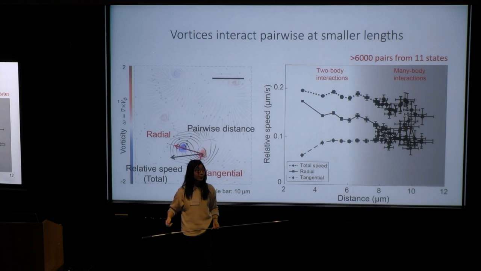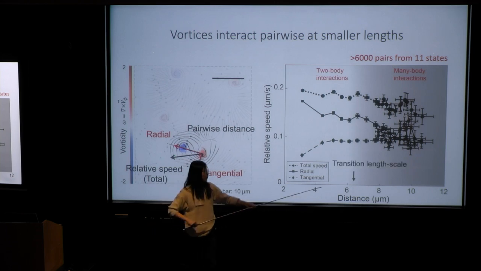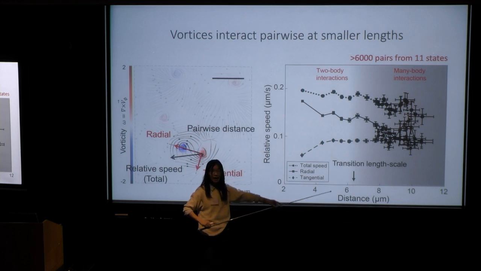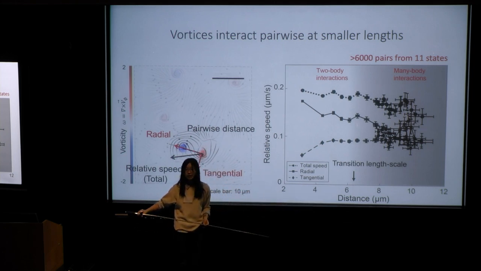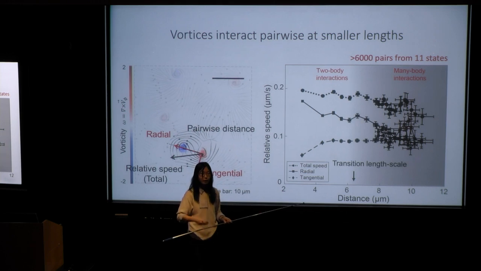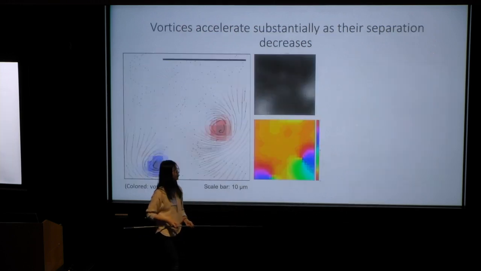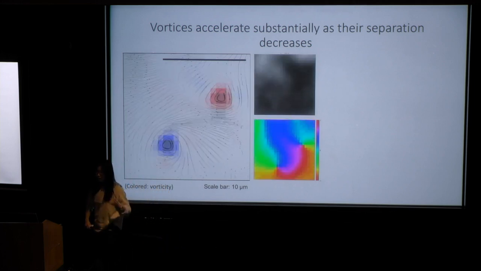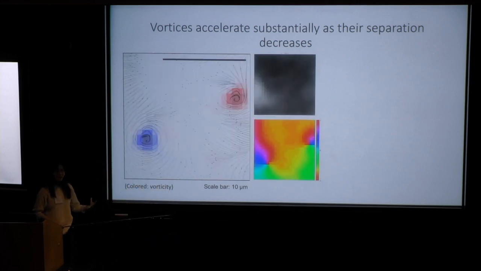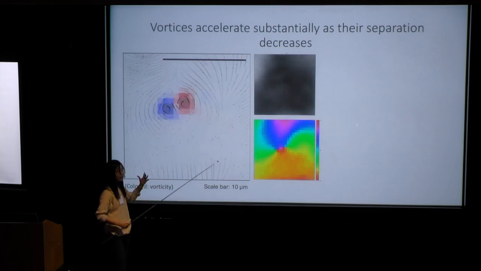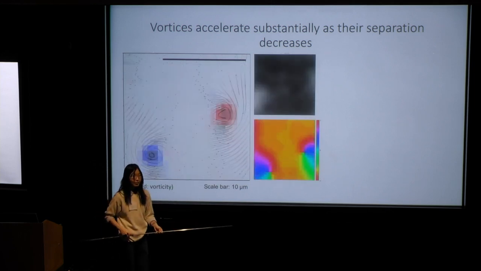In fact, when we quantify the length scale on which such a transition happens, around 6-7 micron, this is also consistent with the length scale we could extract from the previous kinetic energy and entropy linear relation. So we can then go into a smaller length scale predicted by the two-body interaction range, about the pairwise pre-annihilation dynamics.